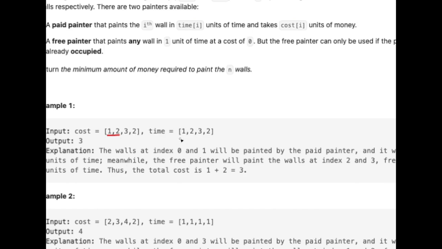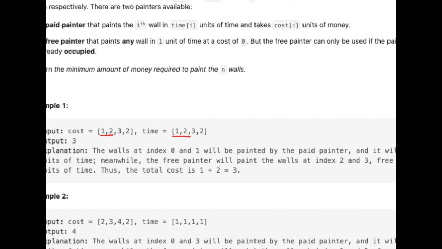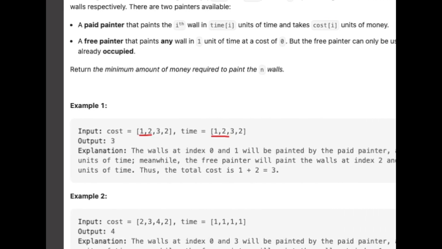And we will take the free time here, I mean, 1 plus 2 is the time that the free painter can use. So the answer is 3 here because 1 plus 2 is 3.